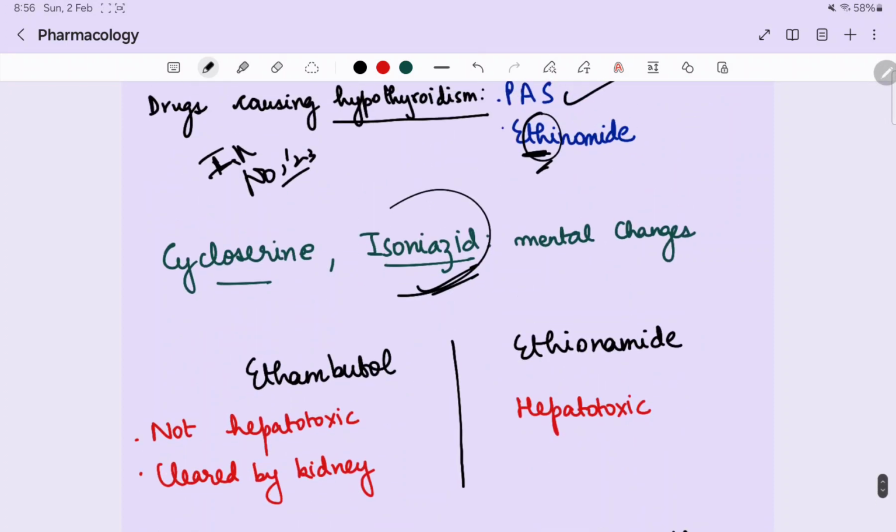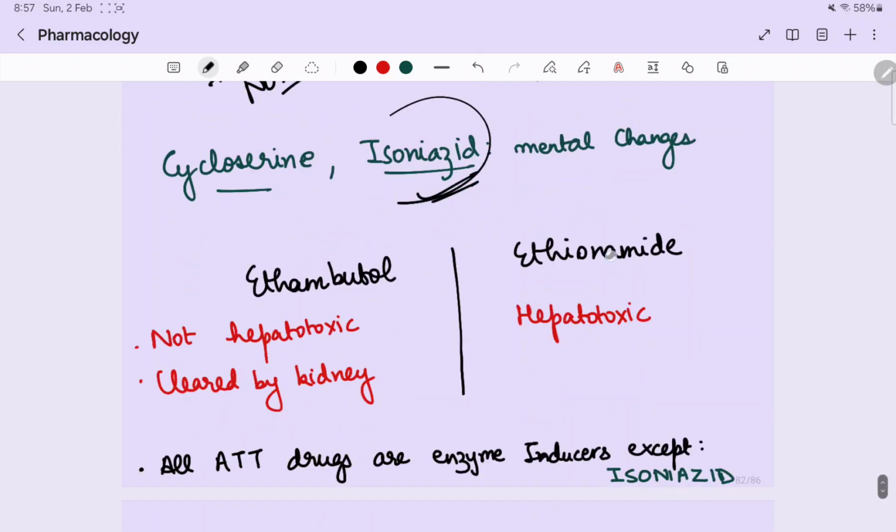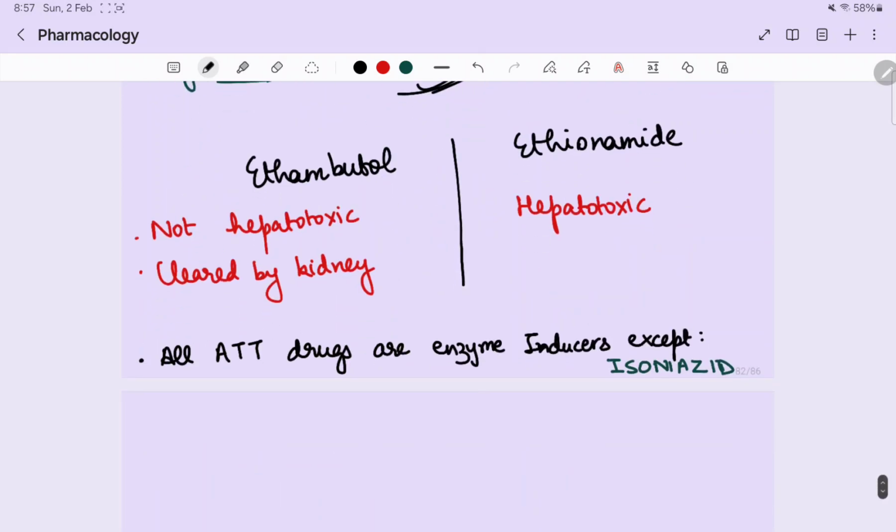Now I just wrote this point because I used to forget this a lot. What is the difference between ethambutol and ethionamide? I know this was a very confusing topic for me. Ethambutol is not hepatotoxic, but ethionamide is hepatotoxic. Ethambutol is cleared by the kidney. All ATT drugs are enzyme inducers except isoniazid.